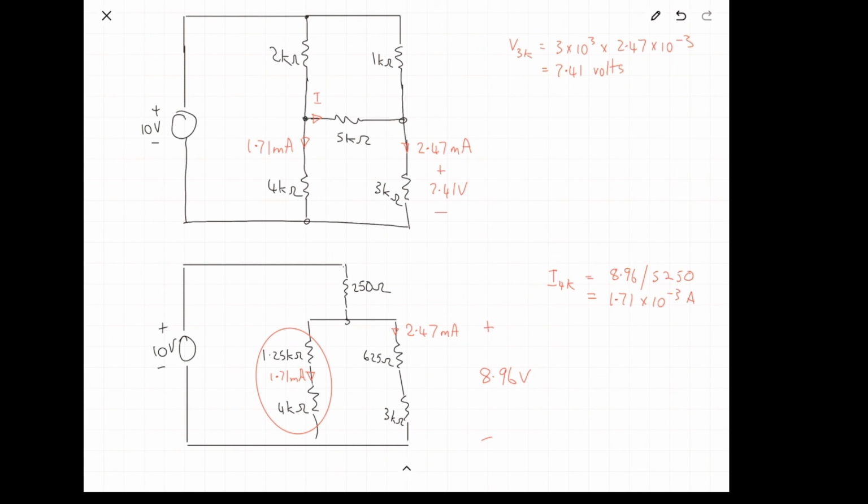Likewise, we can do the same thing on the 4 kilo ohm resistor. 1.71 milliamps times 4K. And that gives us 6.84 volts.